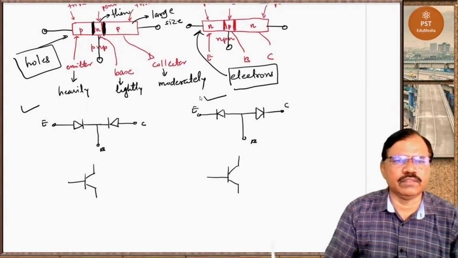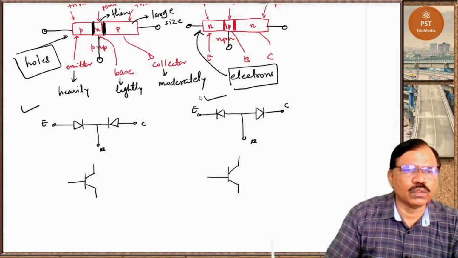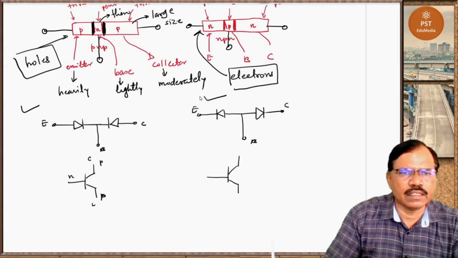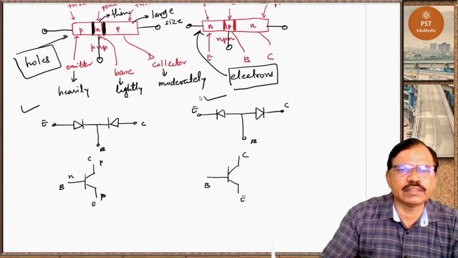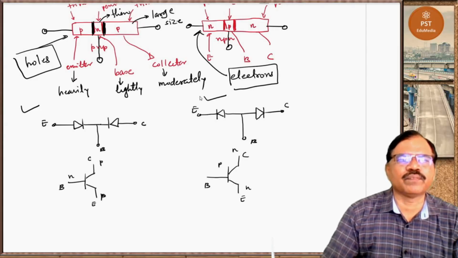So how can we distinguish between them? So here it is a PNP transistor. This is collector, emitter and base. Collector, emitter and base. This is NPN transistor.